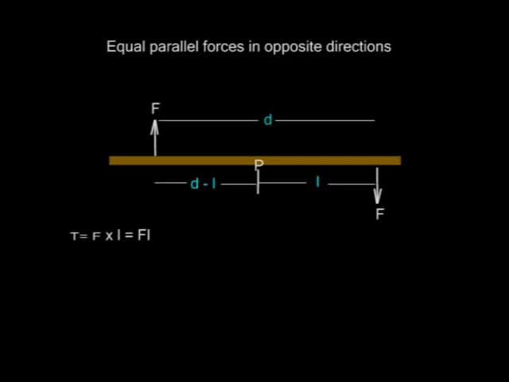So the moment due to that other force is equal to F times the distance, that is D minus L. So total moment is equal to F times L for the first force plus F times D minus L, which gives us FL plus FD minus FL, which gives us FD. The FL cancel out, they subtract each other.